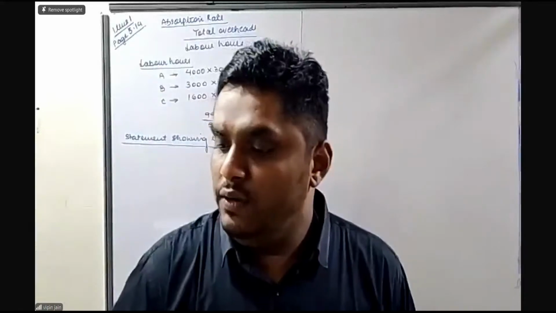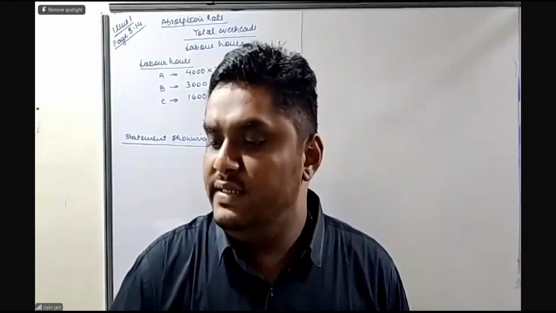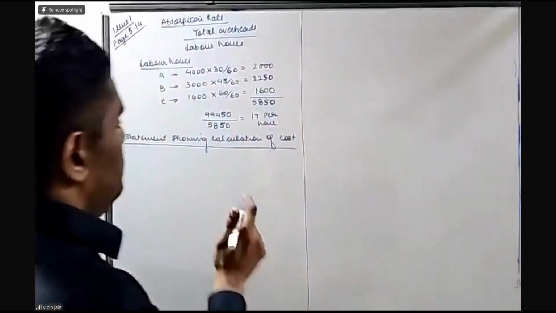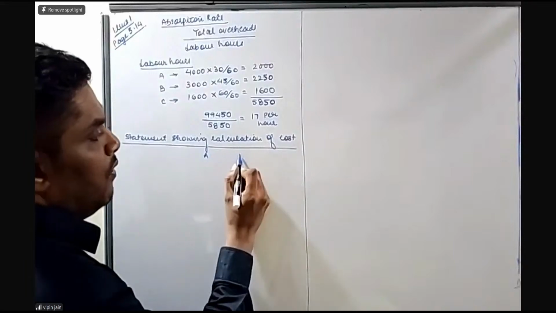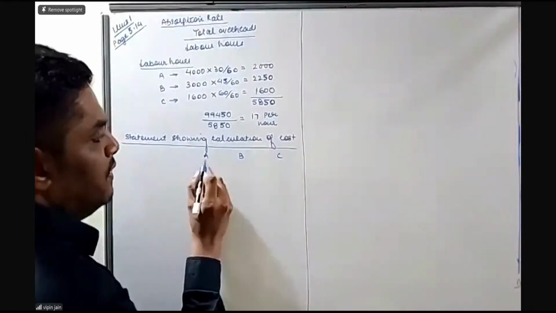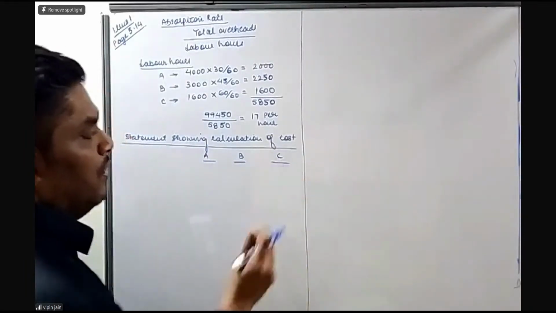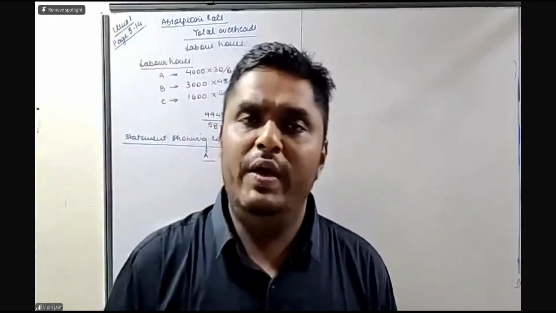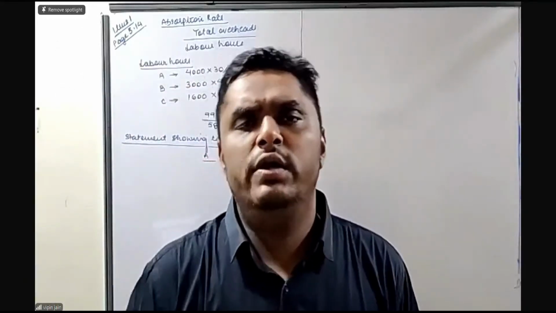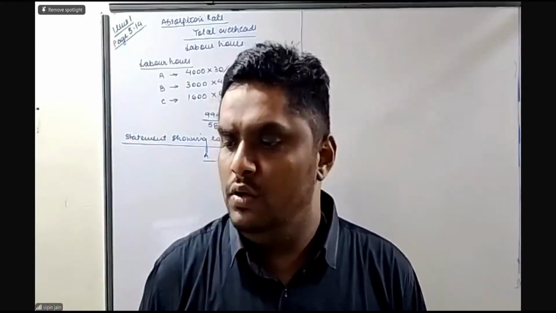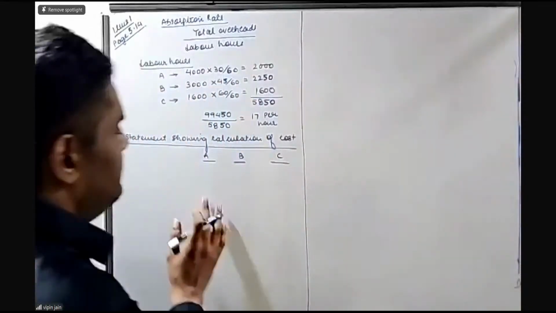So now we have to calculate the total cost of A, B, and C. Now it's up to you. You can calculate it in per units also, or you can calculate it in aggregate also. So both the approaches are correct.